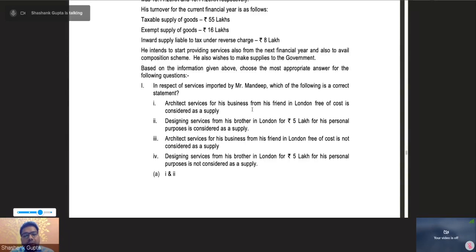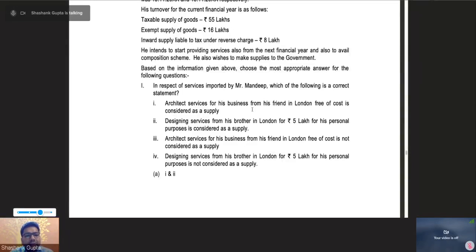Here they are talking about a supply which is free of cost, and if any supply which is free of cost is to be considered as supply, where should it be covered? It should be covered under Schedule 1 of CGST Act. And what does Schedule 1 of CGST Act prescribe? Schedule 1 of CGST Act prescribes that import of service from a related person in the course or furtherance of business, even if without consideration, will be considered as supply.